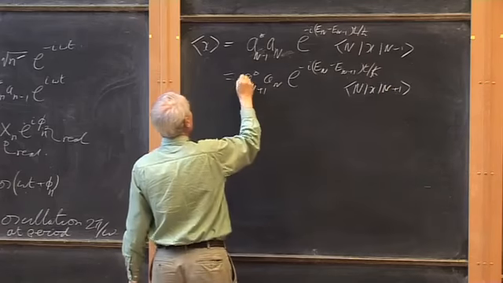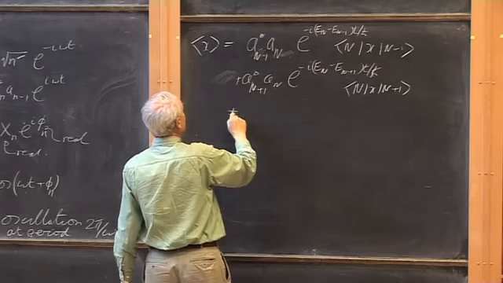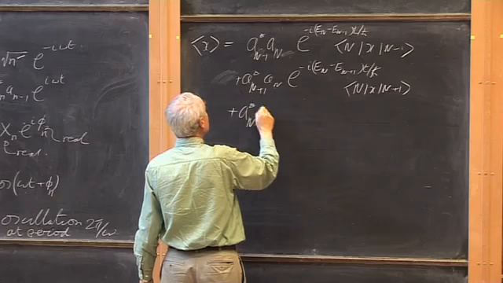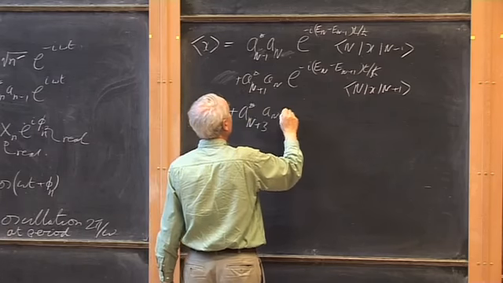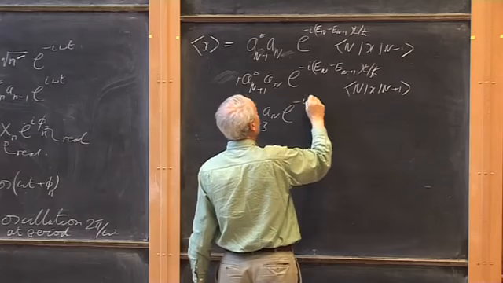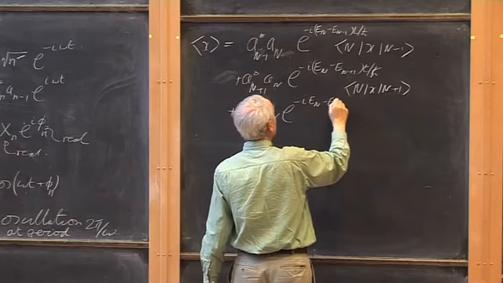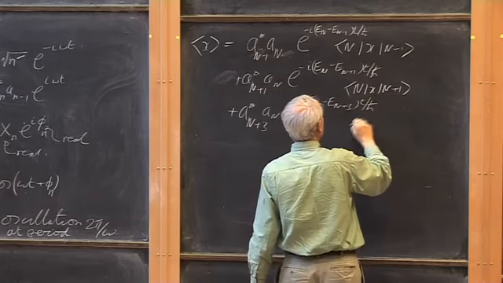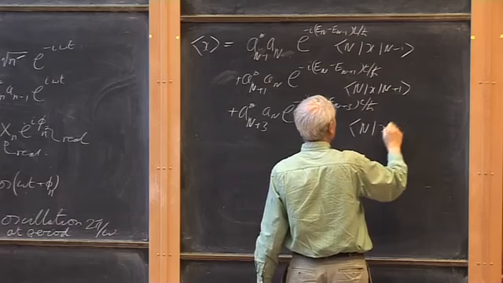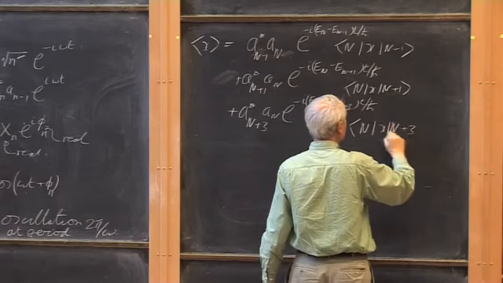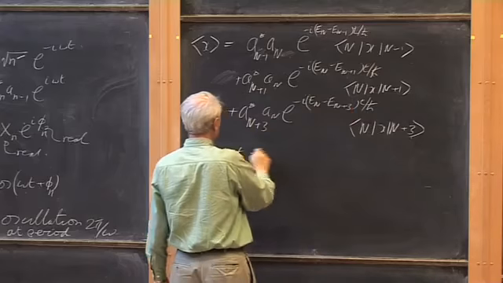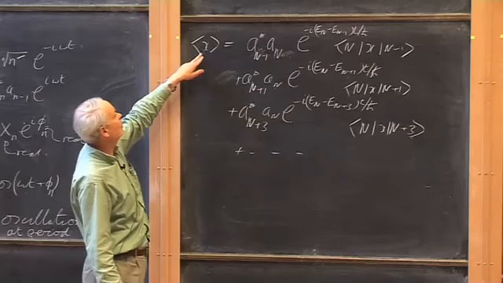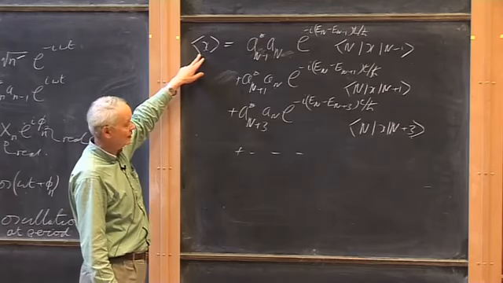And then I will have, not equals, but plus, a_{n+3}^* a_n, this will be the next term, e to the i (E_n - E_{n+3}) t over h bar times <n|x|n+3>, plus dot dot dot, right? This is a specimen of a disgusting expression which would give us the expectation value of x.